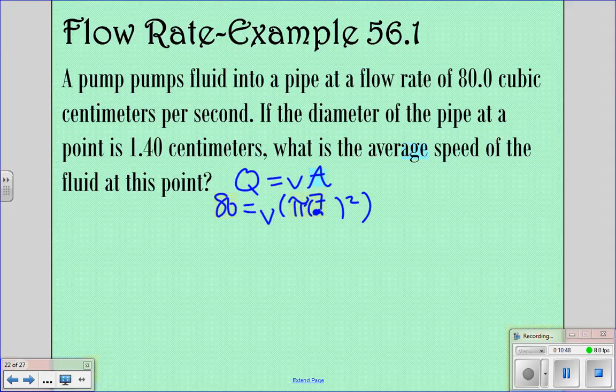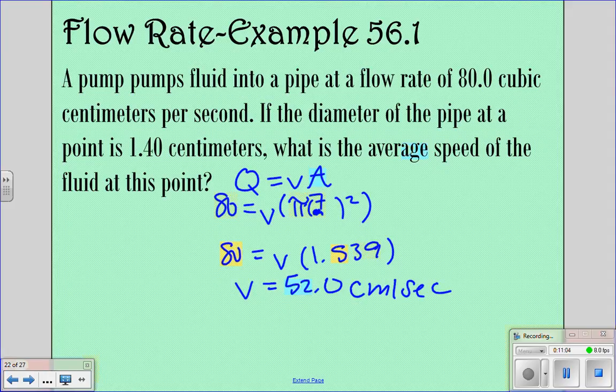Now 80 equals v times 1.539. And so you divide, and your velocity will be 52.0. And then the units are centimeters per second. So that's your average speed of the fluid at that point.